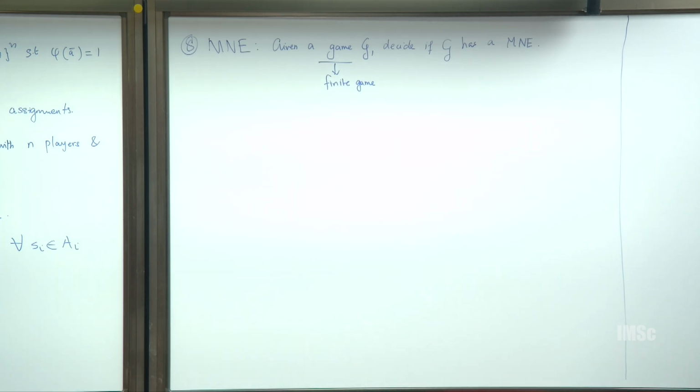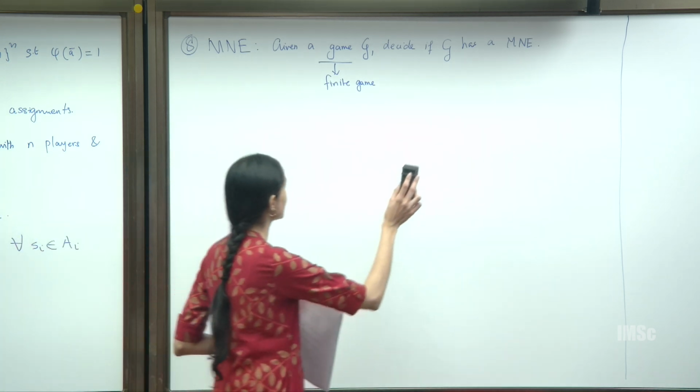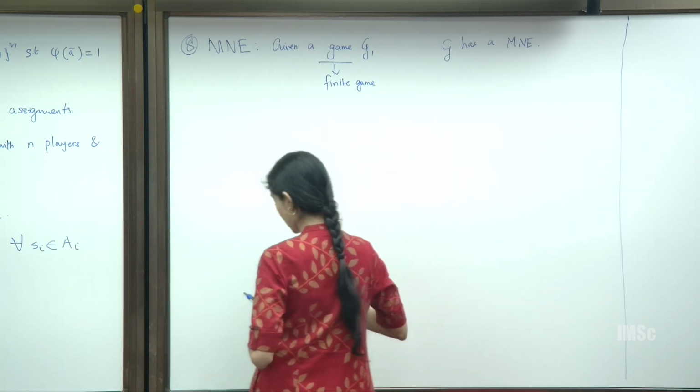As an essence to solve, it's always a yes answer, right? So every finite game has a mixed Nash equilibrium. So decide doesn't make sense.